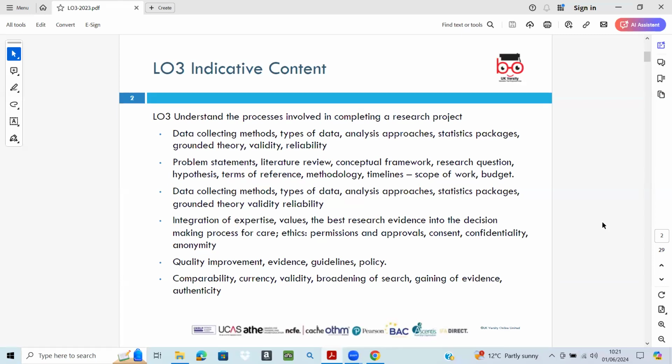Then we have validity and authenticity. So it's maintain the truthfulness and genuine nature of your research findings. Example is triangulating data from multiple sources to enhance validity and ensuring transparency in your research methodology to maintain authenticity. Now we'll move to the next slide.